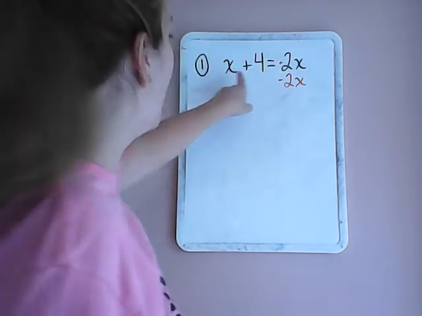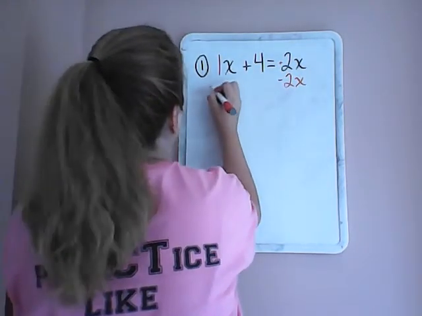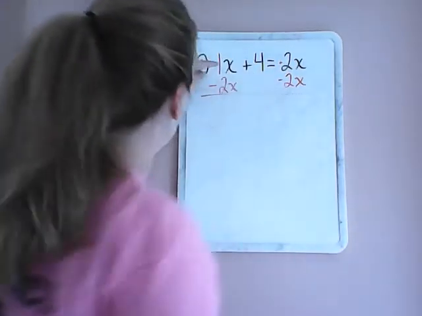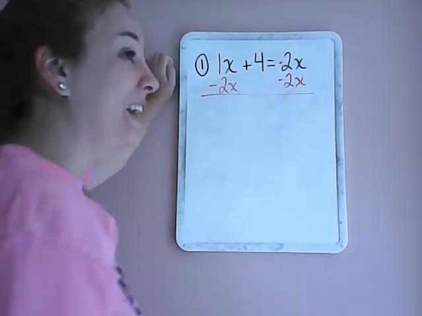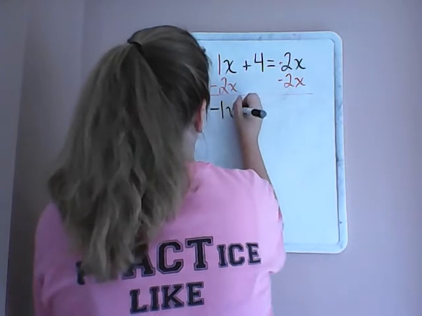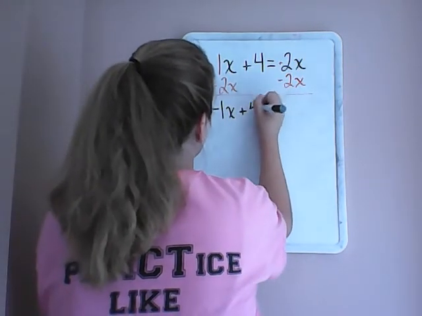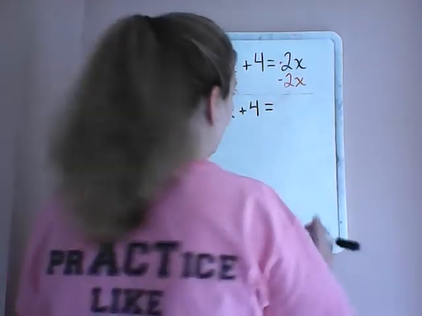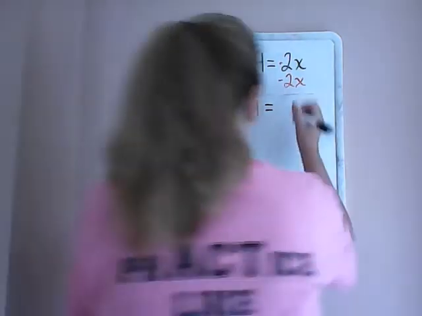We have to subtract it from this guy right here, which is really like the 1, right? Minus the 2x. Awesome sauce. Alright, 1x minus 2x is negative 1x. And this 4 got to come down. Equal sign comes down. And 2x minus 2x is, a lot of students get confused here, it's 0. So you write your little 0.